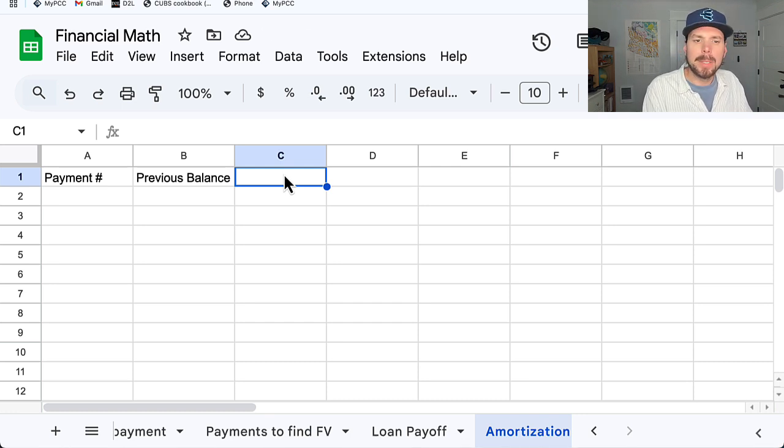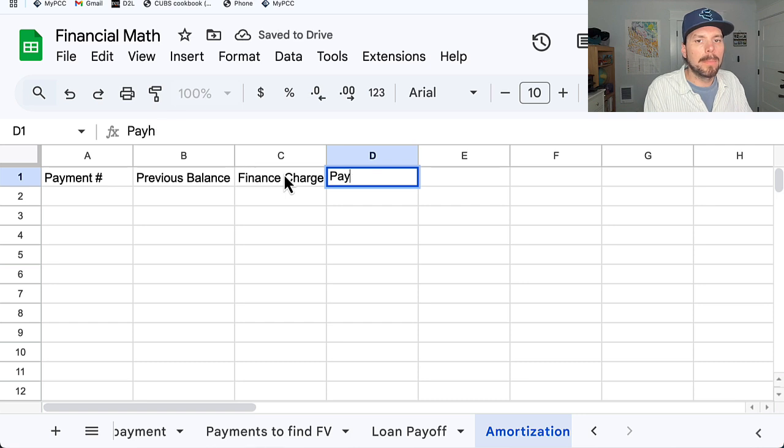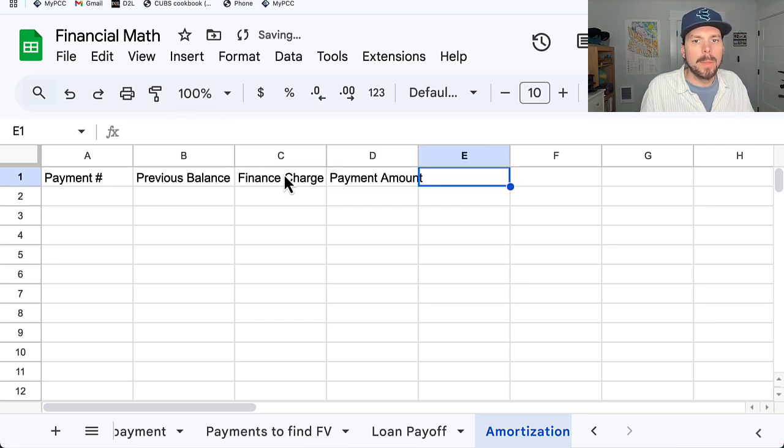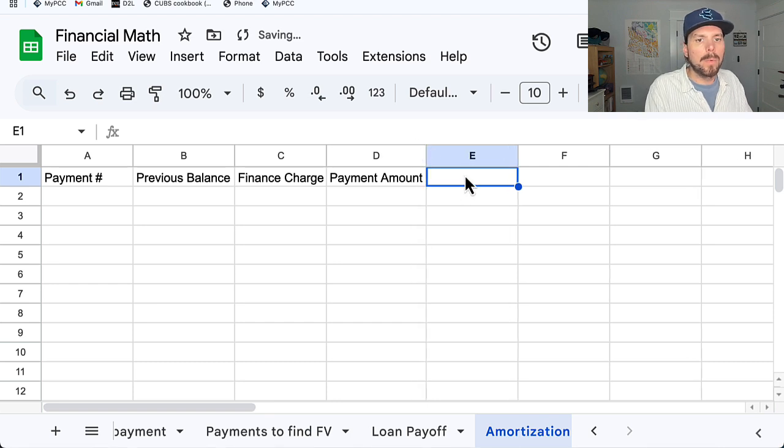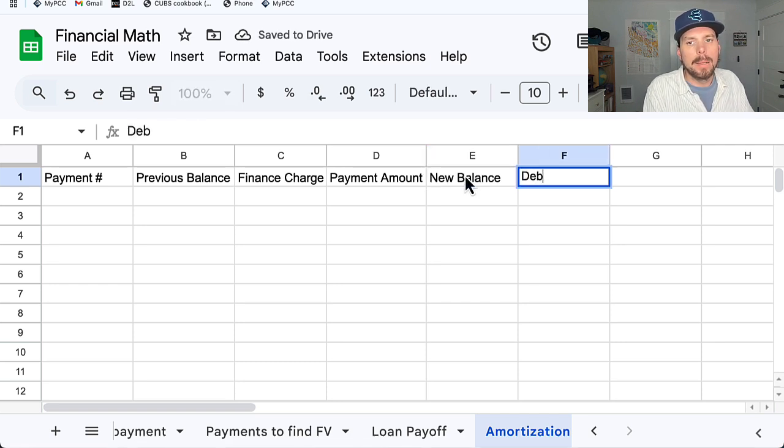Then I'm going to keep this simple. I'm really just going to have the finance charge, the payment amount, and then we'll have the new balance. And you can also find that debt reduction.